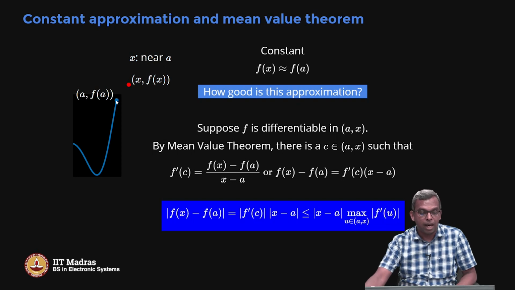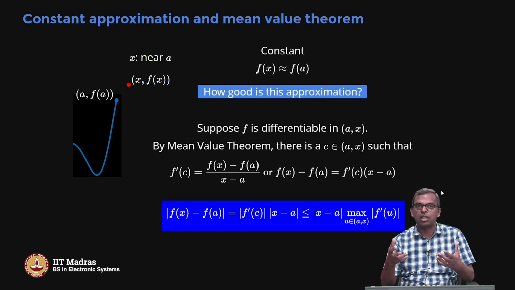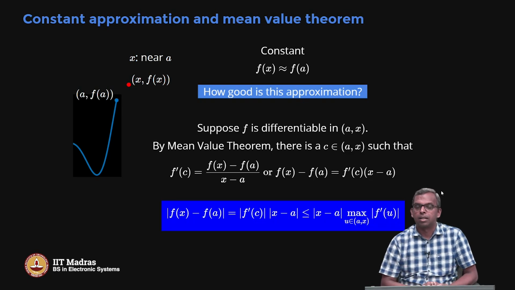It says the highest rate of change between a and x multiplied by the width of the change, mod x minus a, is an upper bound to the error between f(x) and f(a). This result is facilitated by the mean value theorem. For any function f, as long as it's differentiable, this is going to be true. Wonderful result, isn't it? This tells you how to approximate f(x) around a when you don't know anything else, and the error is also pretty good if the rate of change is small.